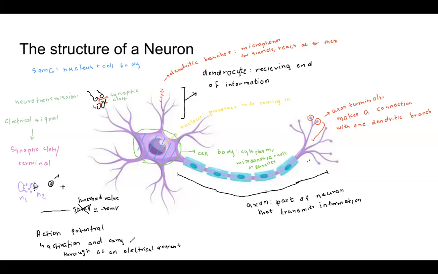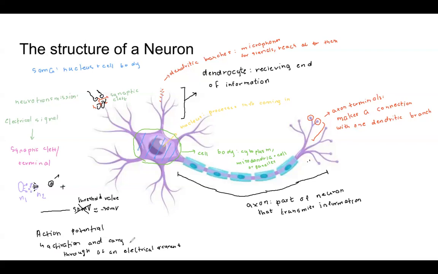So, an action potential is essentially how your brain processes all the information that it receives and how it actually even thinks, right? It takes the collective sum of all the inputs, decides whether it should fire or not, and depending on whether it fires, it releases an action potential, which is sent to another neuron, and it continues the process until an action happens or until the desired outcome is reached.